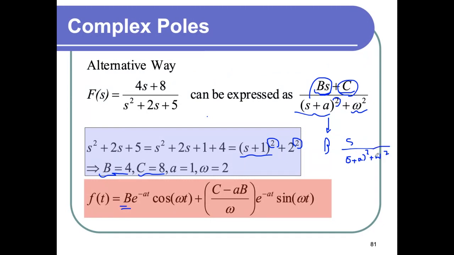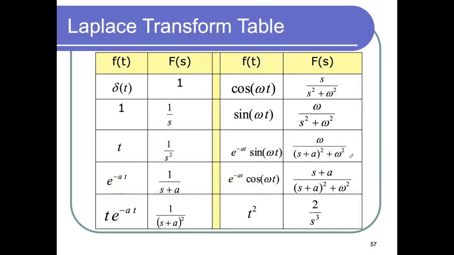If I look at the Laplace transform table, we have something of the following form. We have a shifted cosine. We have a shift in the frequency domain, which corresponds to a shift in the time domain, which corresponds to an exponent in the time domain.